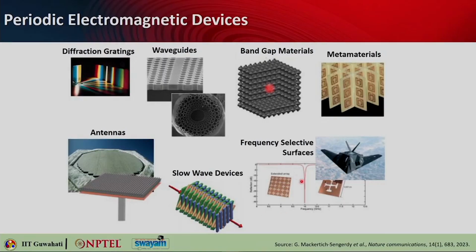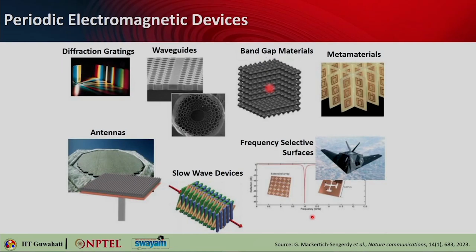You can also make frequency selective surfaces that are also useful for, say, stealth application. So you can understand that starting from optical benches to data communication on chip, data communication over cables, resonator cavity, metamaterials, antennas, frequency selective surfaces, all these applications use periodic electromagnetic structures.